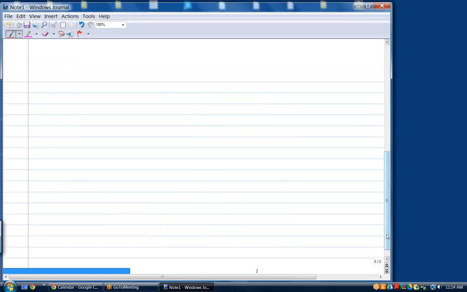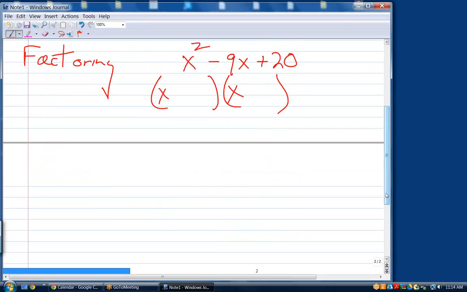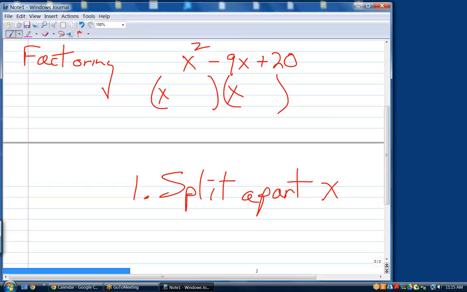That's the first step. What's the second step? After that, do we have to distribute the entire problem into each parenthesis? Is that what we're doing? No, here's what we're doing. That's step 1. Step 2, determine both sides.